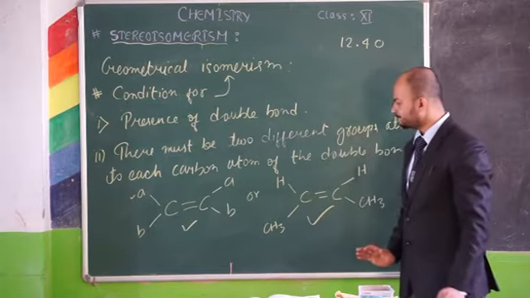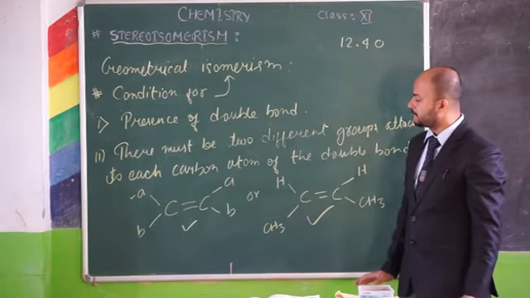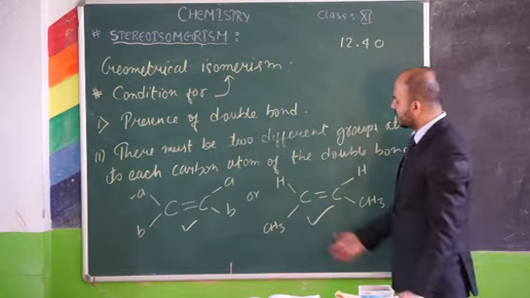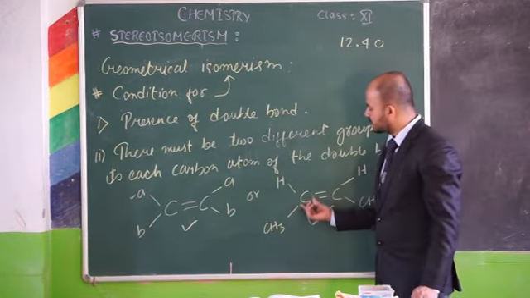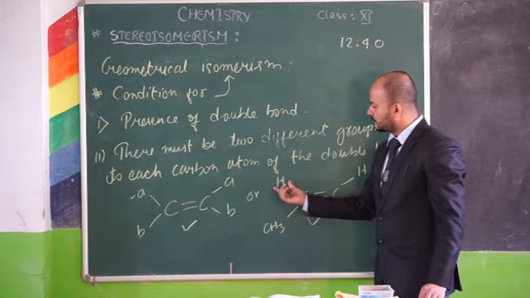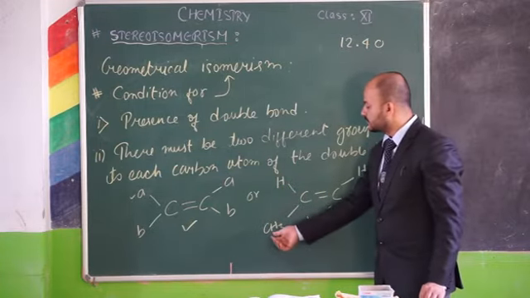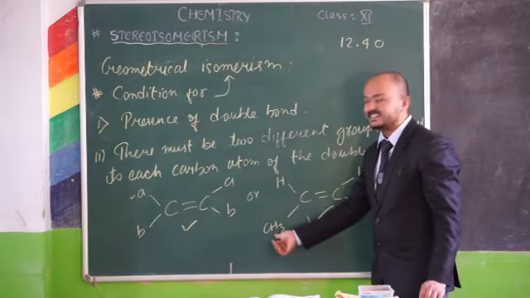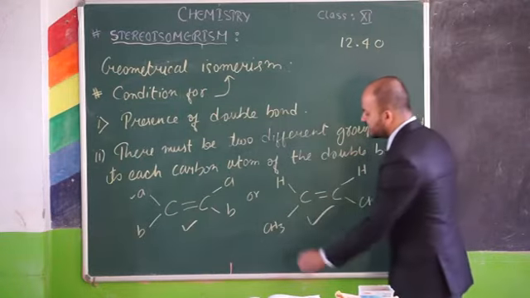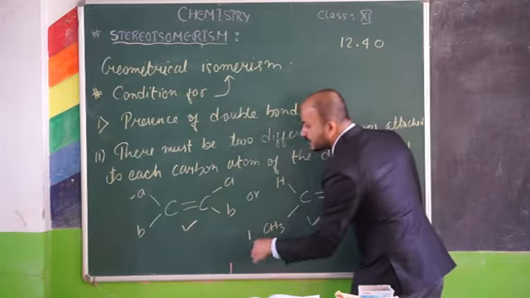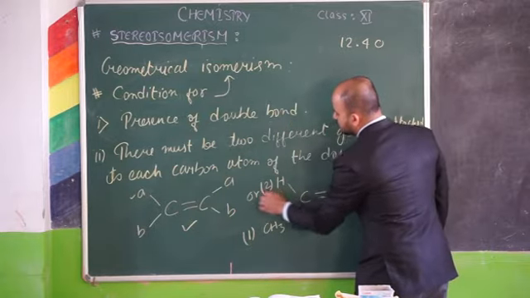Now let's discuss the types of geometrical isomerism. Let's take this example. Here you can see there are two different groups attached to this carbon atom. Whenever you see the molecular weight, the molecular weight of CH3 is obviously higher than that of hydrogen, therefore this one gets more priority, say 1, and obviously this has to get 2.